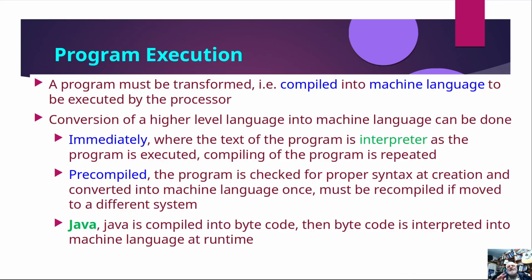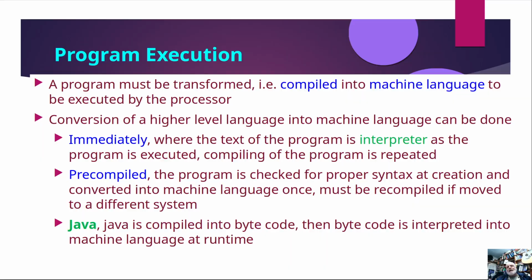Compiled code in general is going to run much, much faster once it's compiled. Once you go through the checks, you can compile it, and then you run it, and it's going to run very, very quickly. On the other hand, they have what they call interpreted code. With interpreted code, you give it the text-based instructions, and it reads one instruction, converts that into the machine language, executes it, then runs the next.